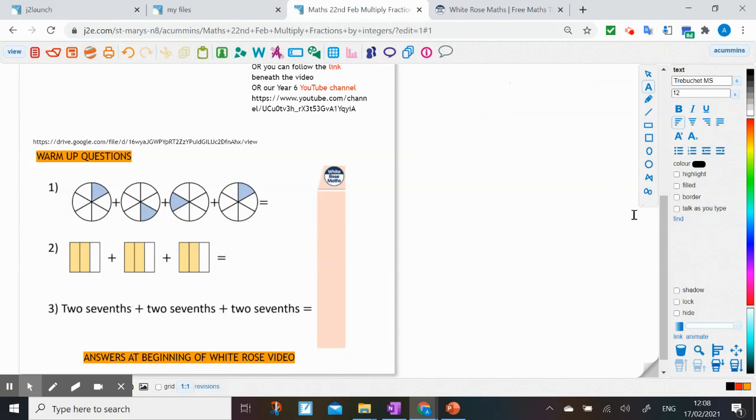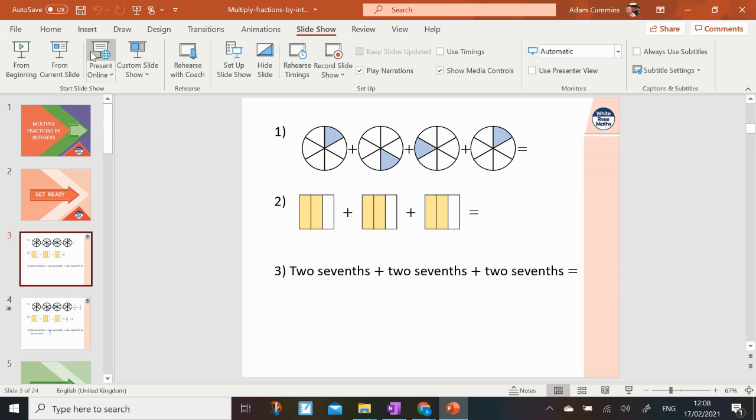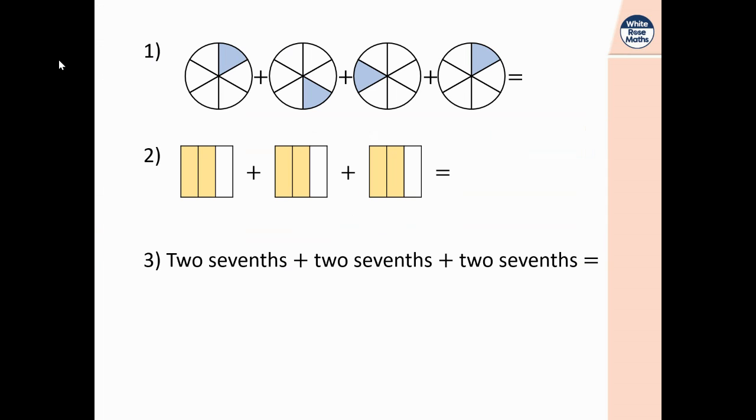Okay, so I assume if you're watching this now, you've tried those questions yourselves. So let's see what we had. We had a sixth, plus another sixth, plus another sixth, plus another sixth. So essentially we end up with 4 sixths. This is just a heads up for what's coming.